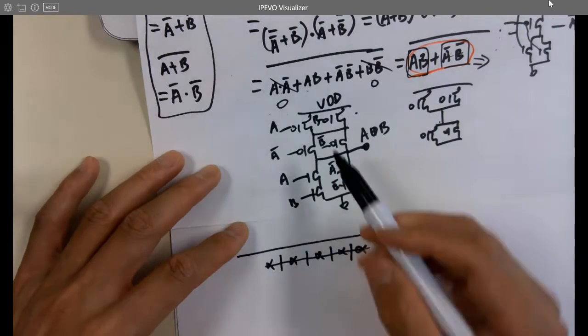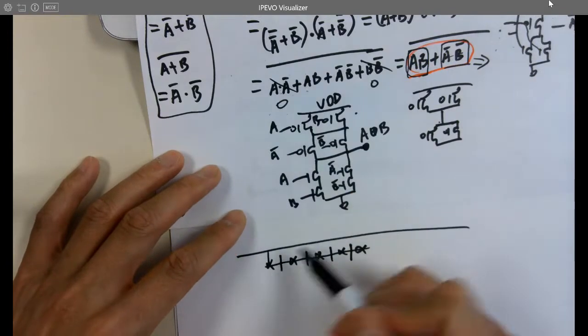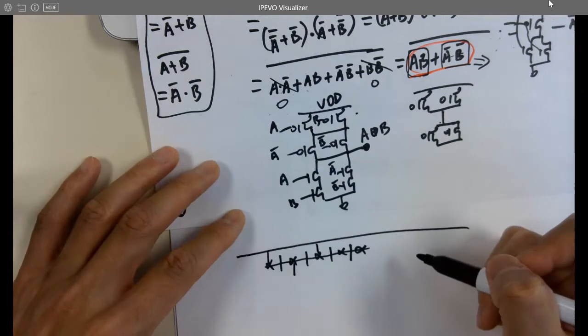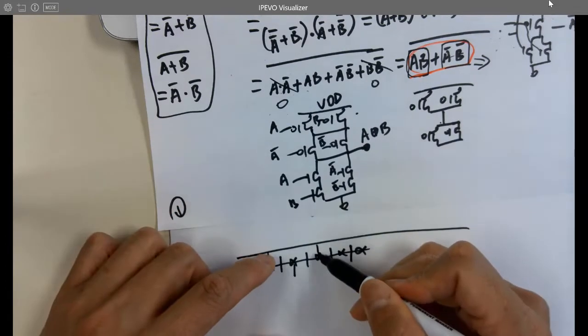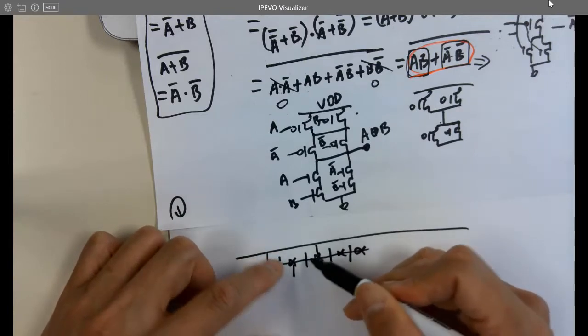Remember for 2 parallel transistors, what you can do is this, right? Currents flow from here and merge to one, so these 2 transistors are in parallel.